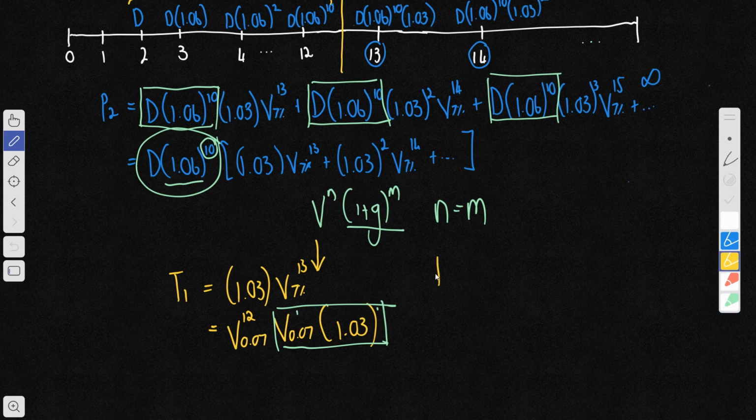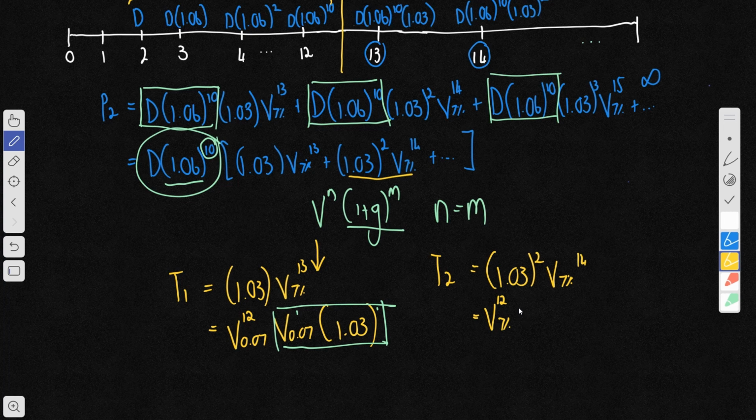Let's see if we do the same for term 2, if this works out. Term 2 is equal to 1.03 to the power 2 multiplied by v at 7% to the power 14. So I'm using this term. If we follow the same logic, we can extract v to the power 12.